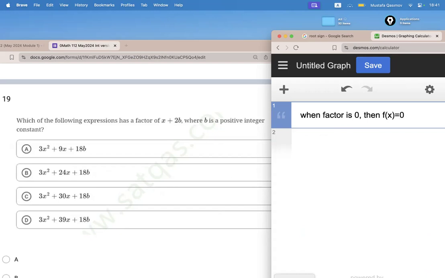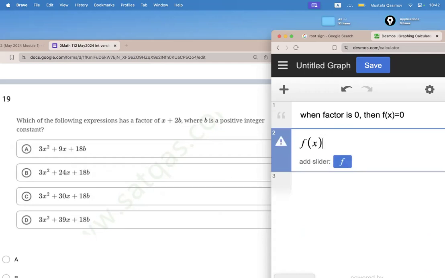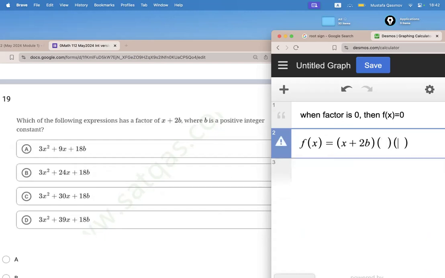Think of it like that. f of x is equal to x plus 2b plus something multiplied by something. So if this part is 0, 0 multiplied by everything will be 0. So it makes f of x also equal to 0.